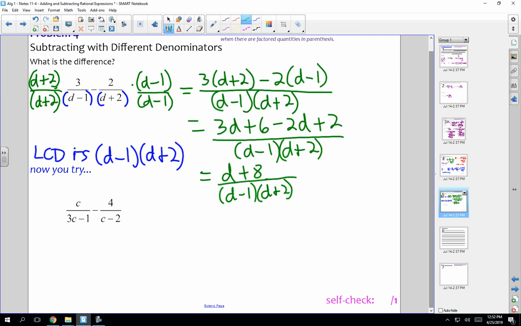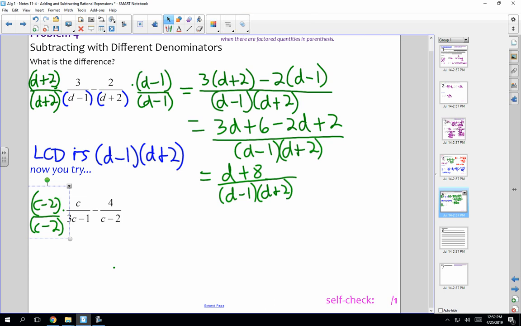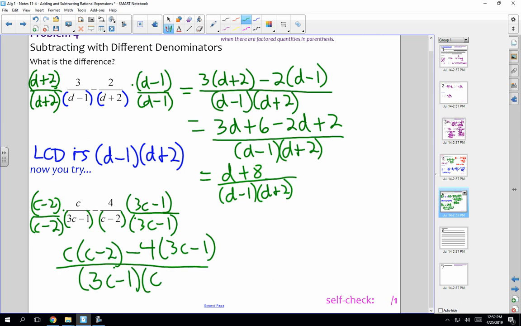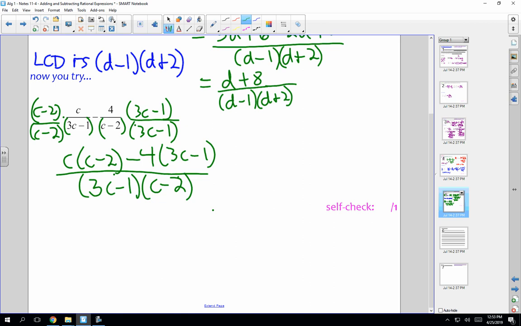All right, I'm going to put the solution up to this last one. So think of this as c times c minus 2 minus 4, don't miss that minus sign, times 3c minus 1, all over 3c minus 1 times c minus 2.